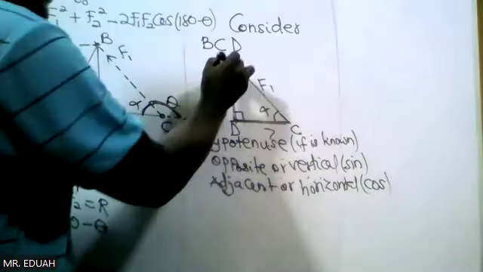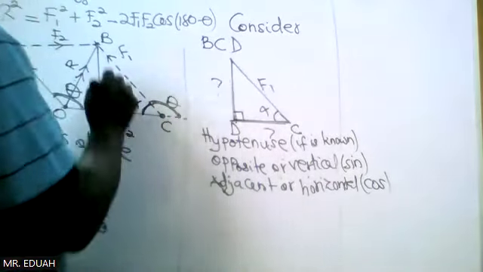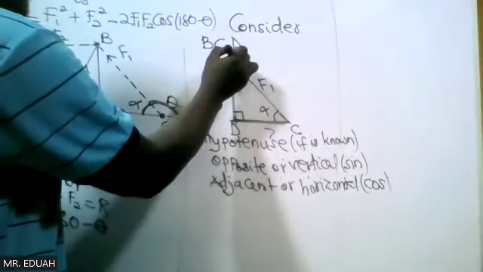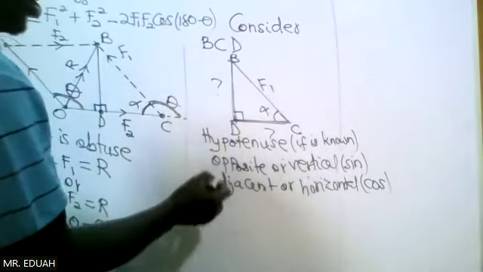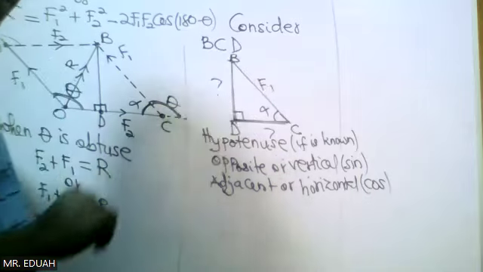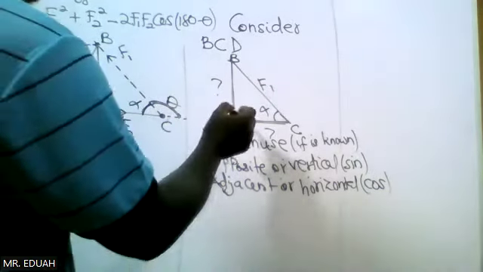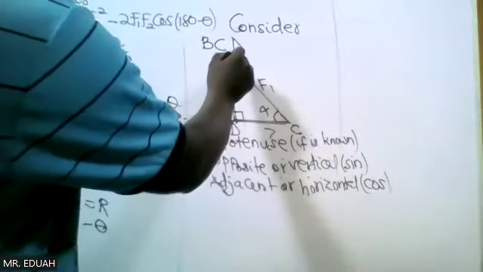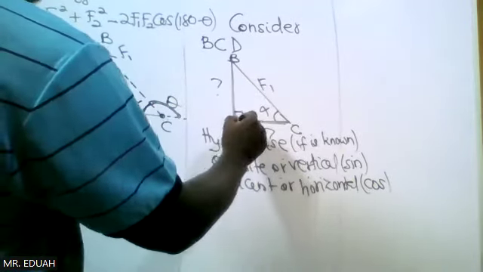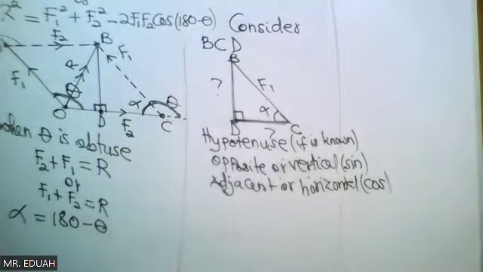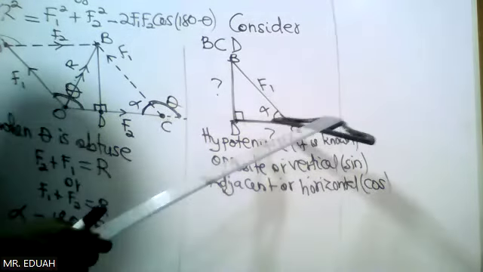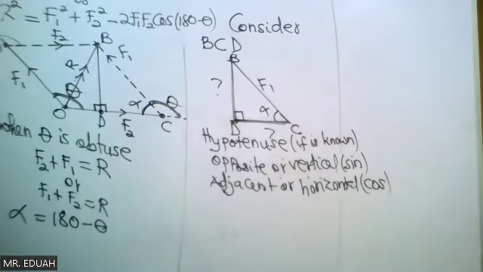So I'm interested in, this is B, this point is B. The opposite is BD. The adjacent is DC. I want to determine BD, and I also want to determine DC, when I have the hypotenuse F1.